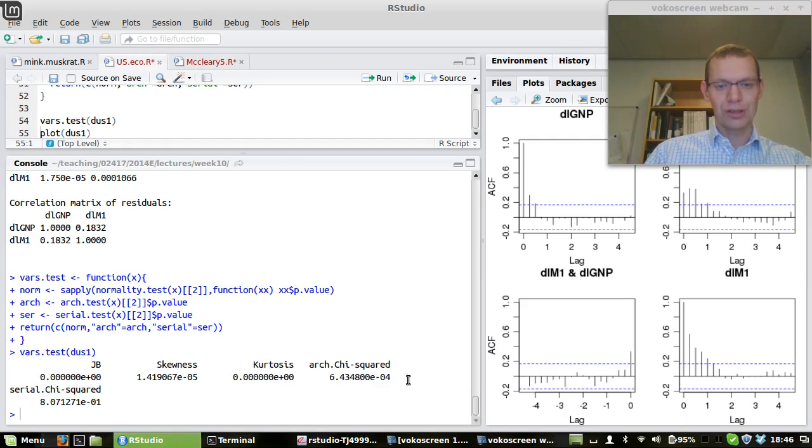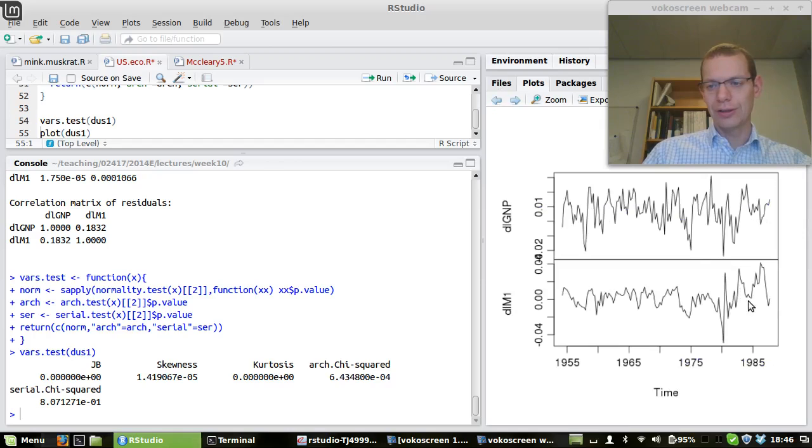But the first four tests show significant. The reason for this is most likely the contribution that is out here. So for this part it's probably fairly nice.